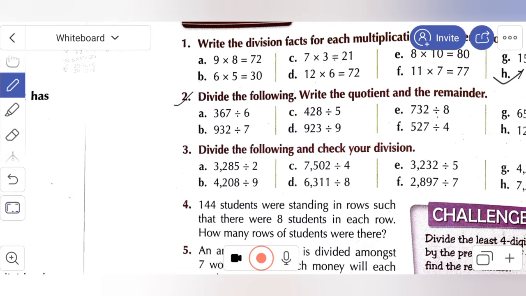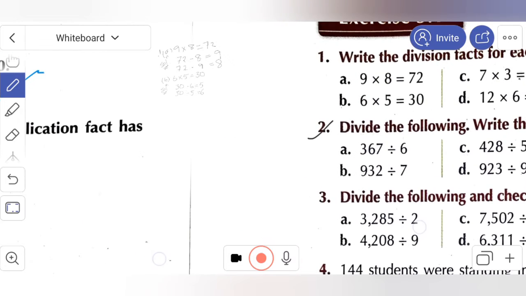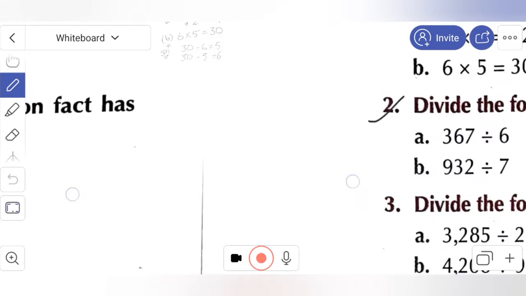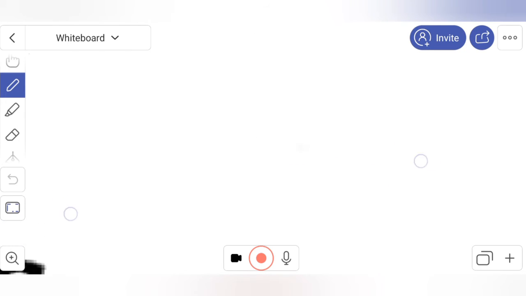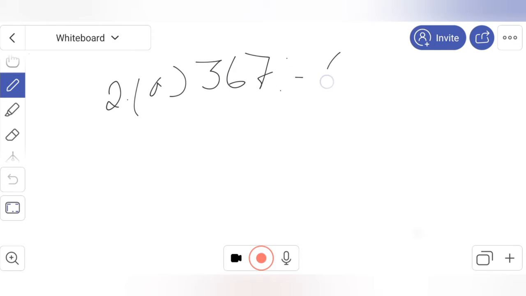So what is there in question number 2? Divide the following, okay, write the quotient and remainder. So now here we have to divide. What is there? 367 divide 6. Okay, question number 2A, 367 divide 6.